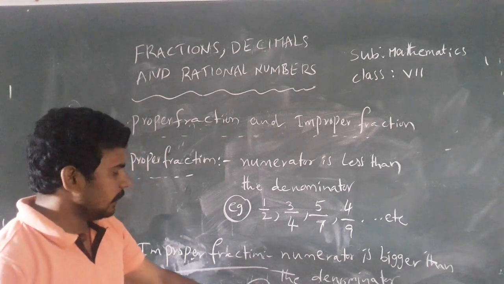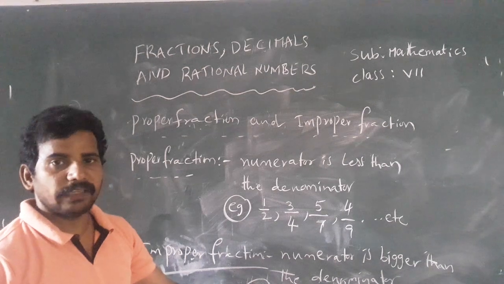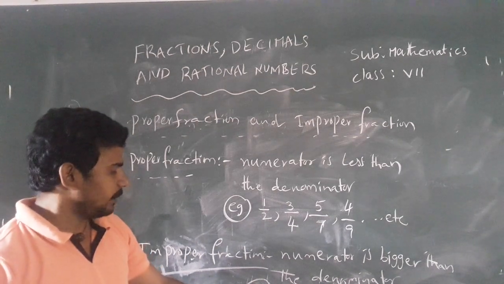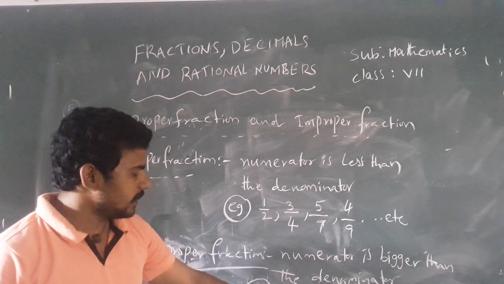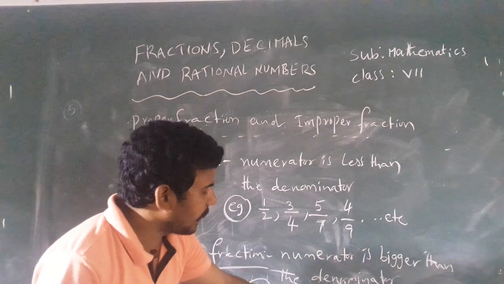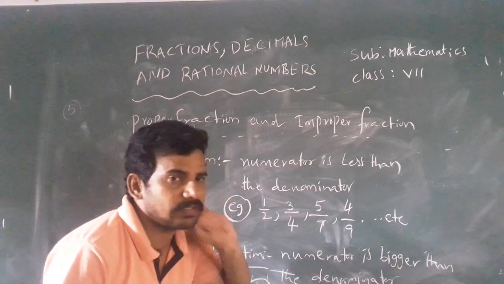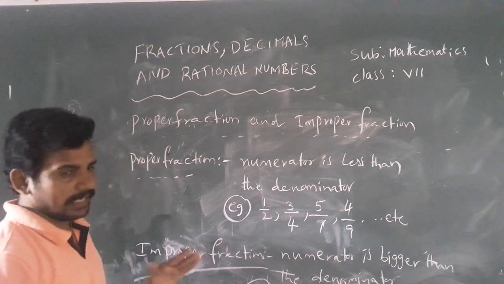Observe here, in 3 by 2, 3 is called the numerator and 2 is called the denominator. So the numerator is bigger than the denominator. In 7 by 4, the numerator is bigger than the denominator. In 5 by 3, the numerator is bigger than the denominator. In 4 by 2 also the same. So these are examples of improper fractions.